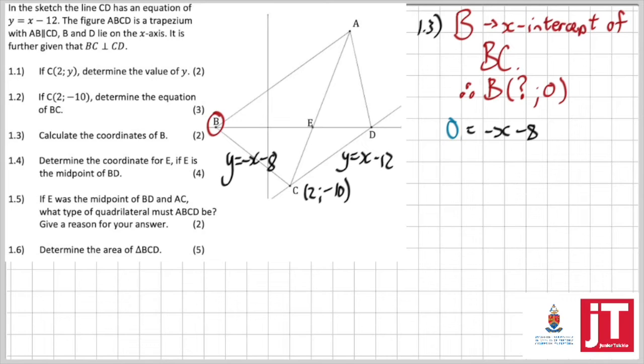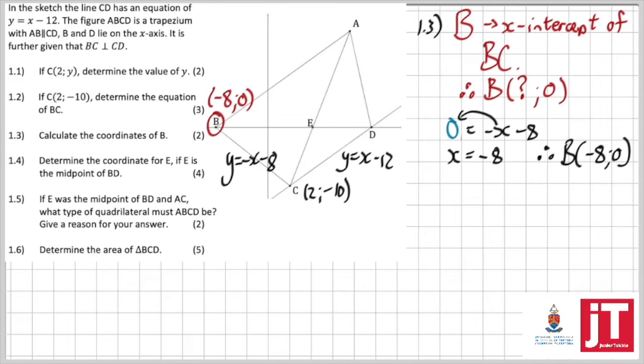Substituting y to be 0, because I know at B the y value is 0. I solve for x and I've got it there. Writing it in on my sketch, I now go to 1.4. Determine the coordinate of E if E is the midpoint of BD.